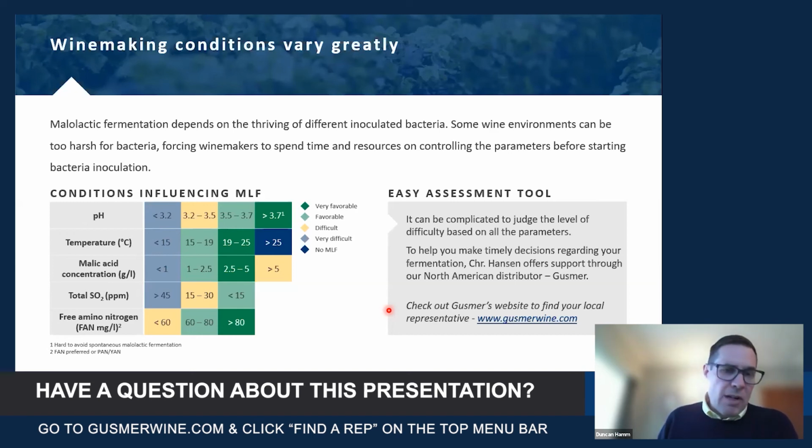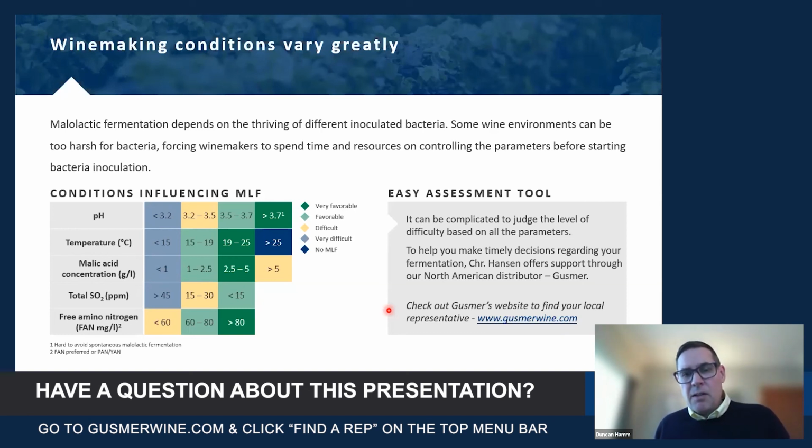So I've tried to make a summary table here on the left of the different inhibitory factors we've talked about: the pH, the temperature, the malic acid, the SO2, and the amino nitrogen, to put some numbers between what's easy and what's difficult. Sometimes pre-malo, it's important not just to select the right strain, but sometimes the wine conditions do need to be adapted to fit a strain at all.